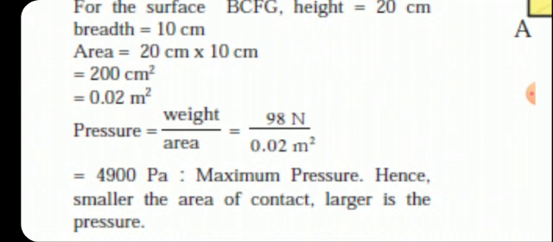Pressure exerted by surface ABCD is 980 Pascal. Pressure exerted by surface CDEF is 1960 Pascal and pressure exerted by the surface BCFG is 4900 Pascal. Here the area of contact between the two objects is minimum. Therefore, maximum pressure is exerted.